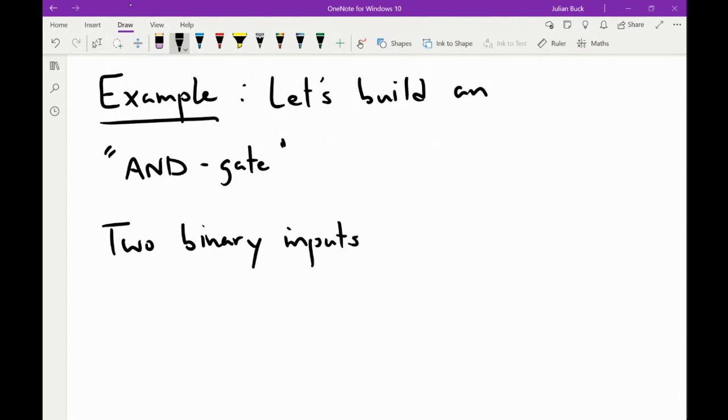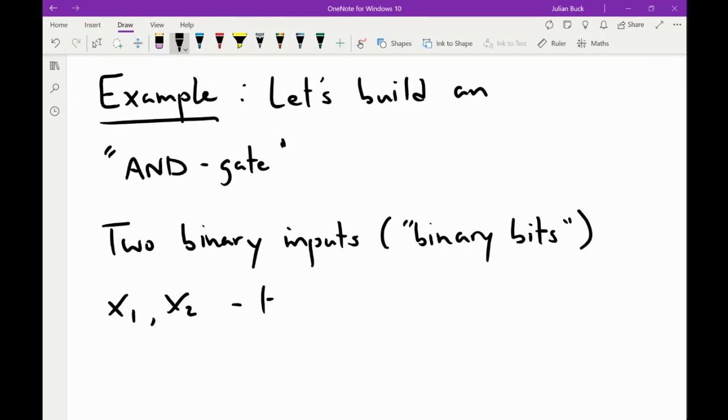In computing, we often call these binary bits, x1 and x2. They take values, as usual for binary, 0, which corresponds to false, and 1 for true.